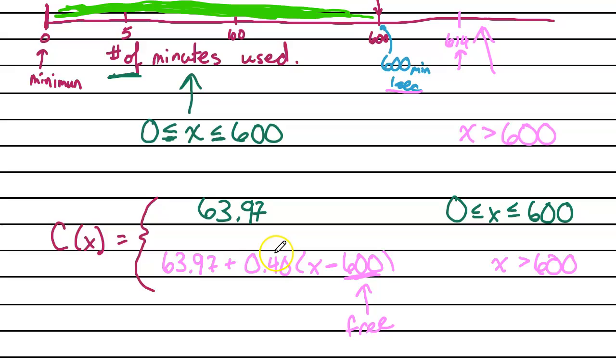And then I multiply that by the 40 cents because I'm charged 40 cents per those minutes that I go over. And the reason why we use the x is because we don't know how many minutes we're going to go over each month. One month it may be 0, so I'd have this function. One month it may be 10 minutes. One month it may be 570 minutes over. So I have to have this piecewise defined function to be able to figure out the bill.